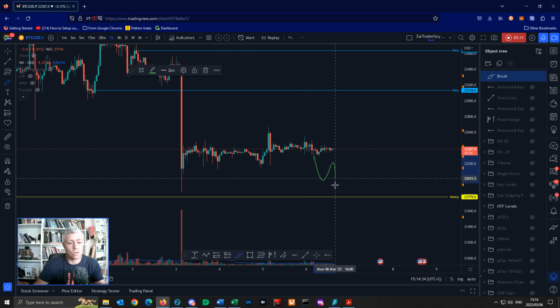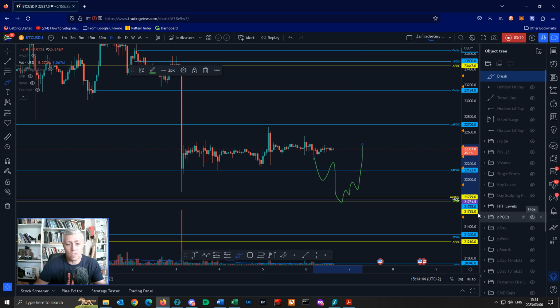If we take out that low and see a quick wick up, retest this level as support, we could see a nice move up. That is also confluent with these nPOCs. There's a daily nPOC, weekly, and a monthly nPOC. So this is a very strong level of support for me.